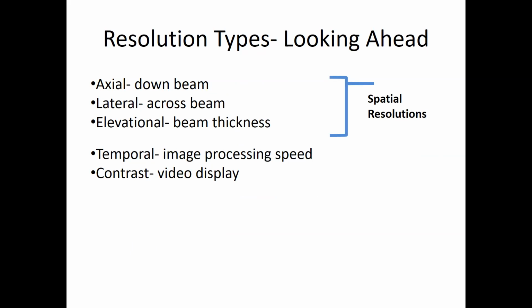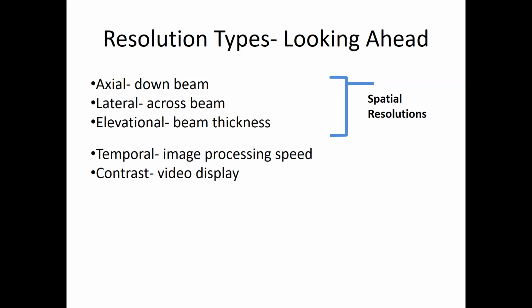Moving forward, we've talked a little bit about axial resolution as it applies to our spatial pulse length down the beam. We've talked about lateral resolution, that's the hourglass portion at the very center of our beam. And then there's also what we call slice thickness. If you think about our hourglass, there's a side to side on our hourglass. There's also a front to back on our hourglass. There's ways that we can manipulate the thickness of both of those because we want a very low numeric value.